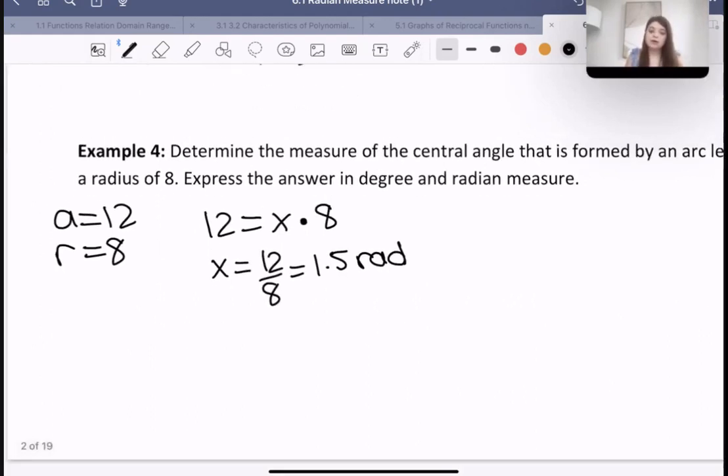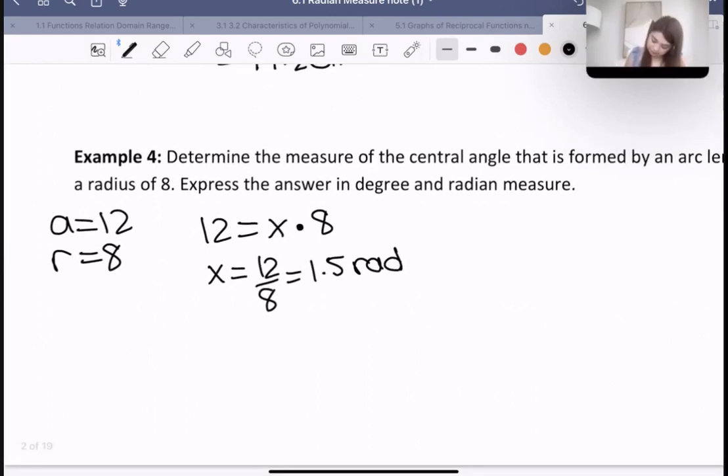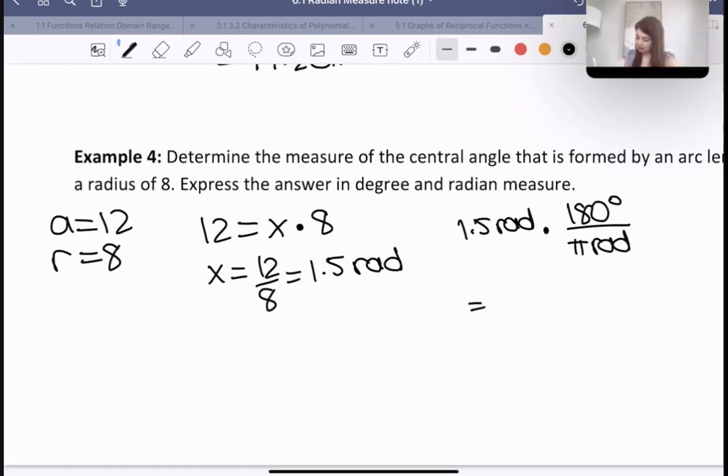Now, how can we convert that to degrees? Well, we're going to do 1.5 radians times 180 degrees over pi radians. And then we're going to get 1.5 times 180, divided by pi, so divided by 3.141592, and that is approximately 85.9 degrees.